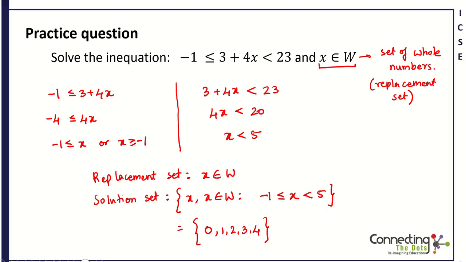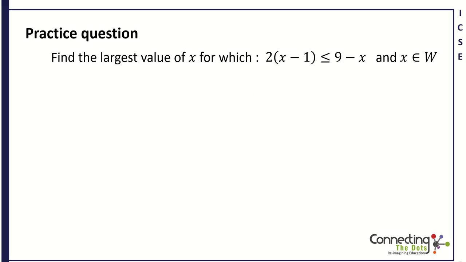Negative 1 cannot be included because whole numbers start from 0. So these become the elements in the solution set. Let's go to the next question.